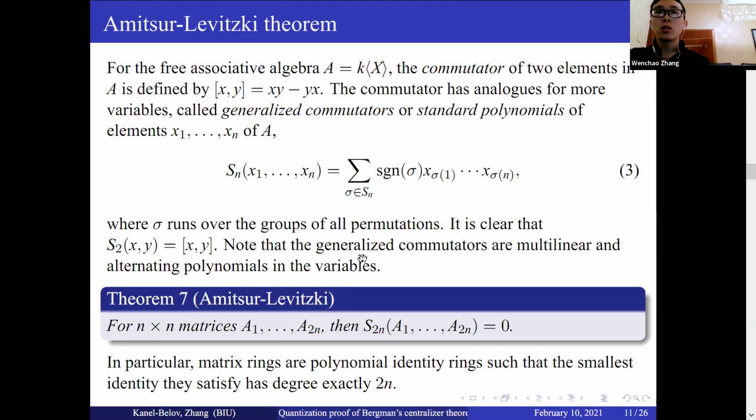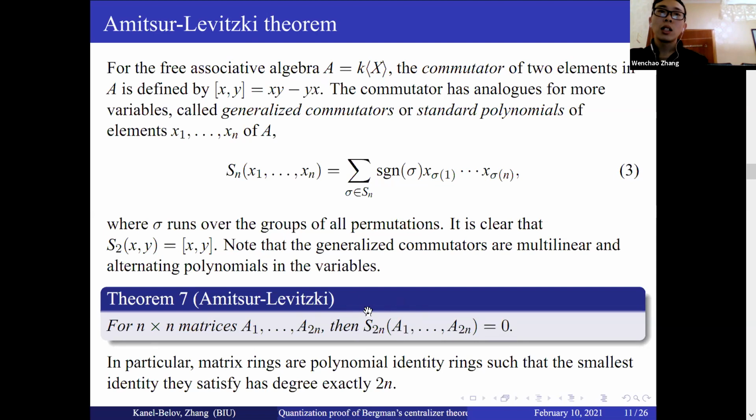What's more, Amitsur and Levitzki show that if we have A_1 to A_{2n}, 2n matrices of size n by n, then the standard polynomial S_{2n}(A_1, ..., A_{2n}) is equal to 0.